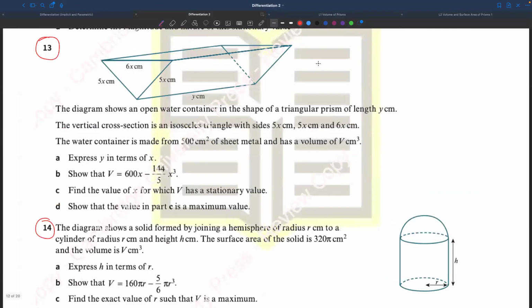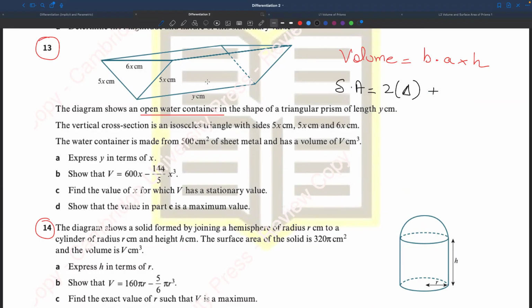Okay. Volume of prism is given by what? It is given by base area multiplied by height. This is a very important wording over here: open water tank. When I try to find the surface area of this shape, I will multiply 2 by the area of triangle, right? 2 triangles, and there will be 2 rectangles as well.